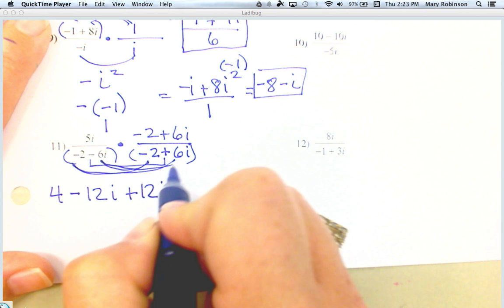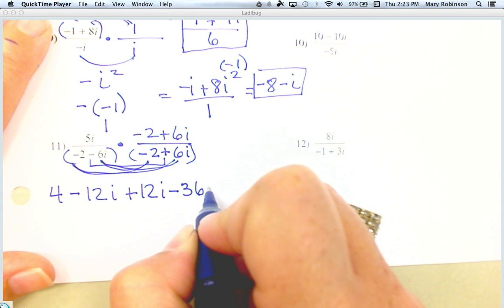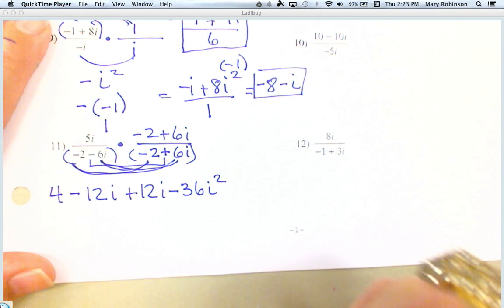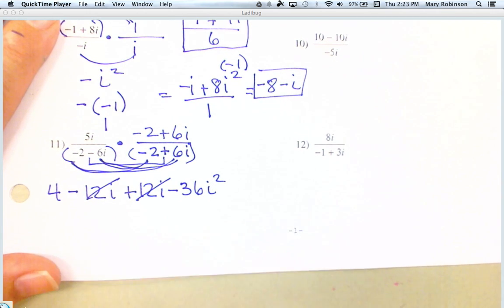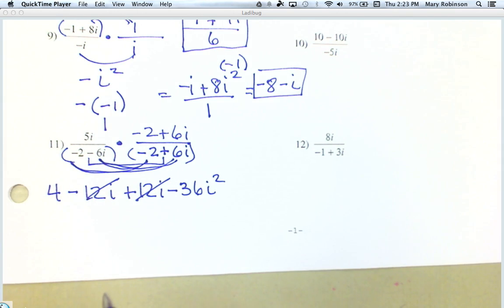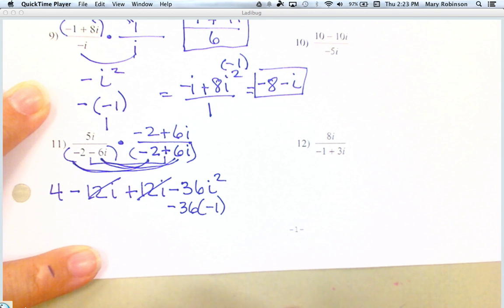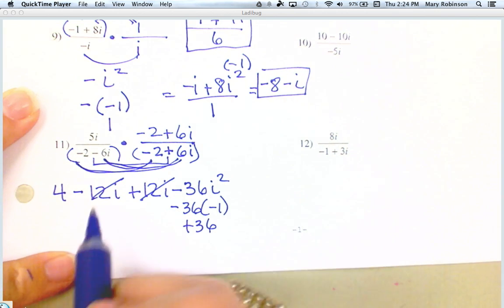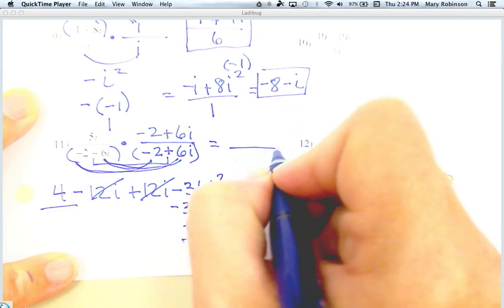And negative 6i times positive 6i is negative 36i squared. Well, what should always happen is these two terms in the middle should cancel out. That's kind of the purpose of a conjugate. We talked about that in class. Remember to substitute here a negative 1 for i squared, so it actually turns into positive 36. Combine these integers here, 4 and 36 make 40.